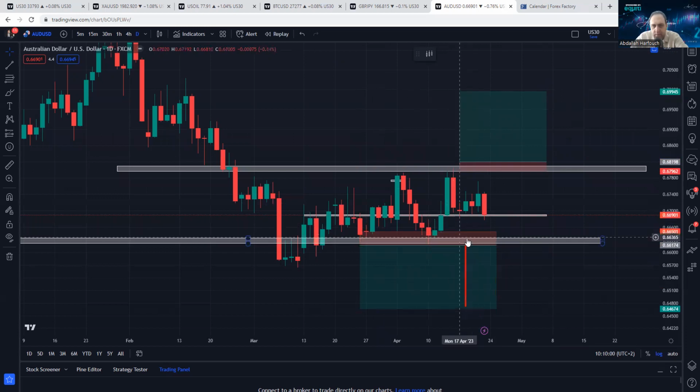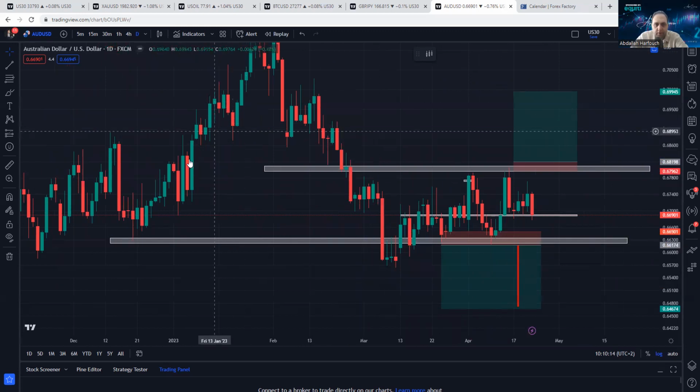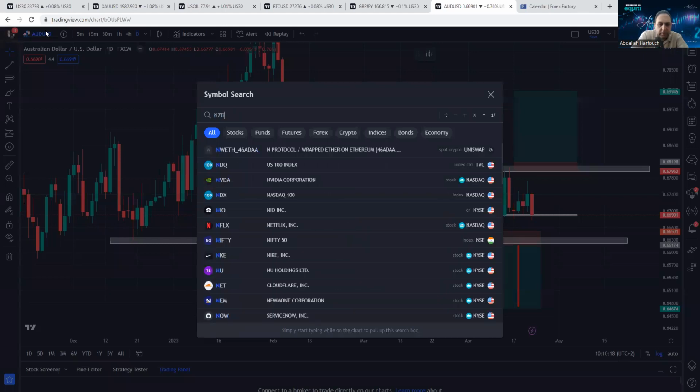So I will keep the same buy and the same sell, waiting for this stagnation phase to be done so we can gain back momentum, like you can see here before. This is pure stagnation, so we are still waiting.